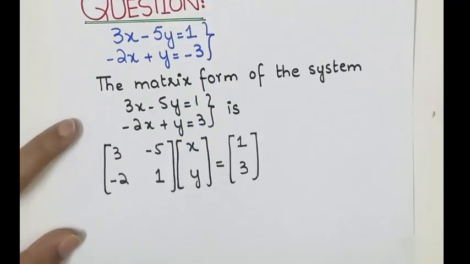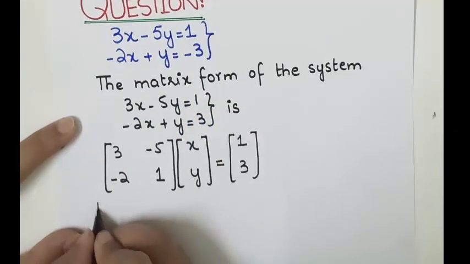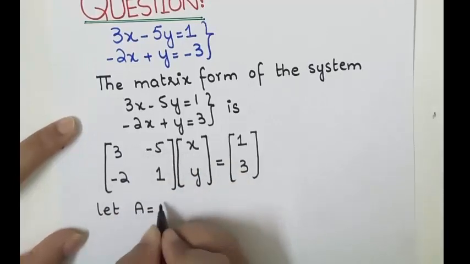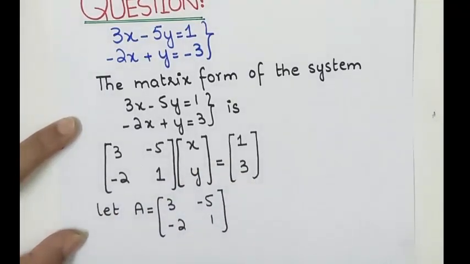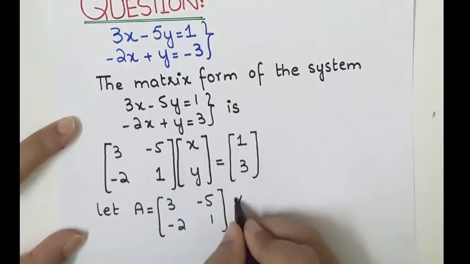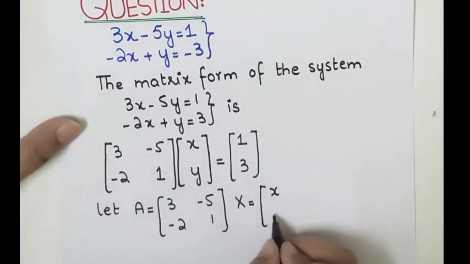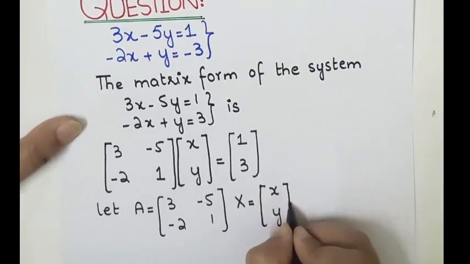So now can we label this matrix as matrix A, and we suppose this matrix to be equal to x and y.